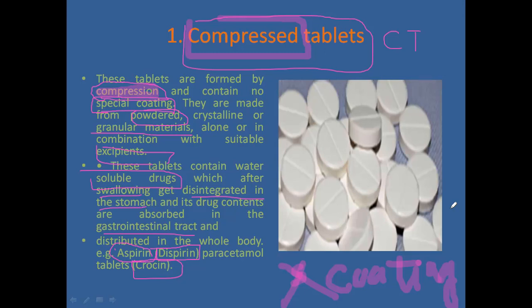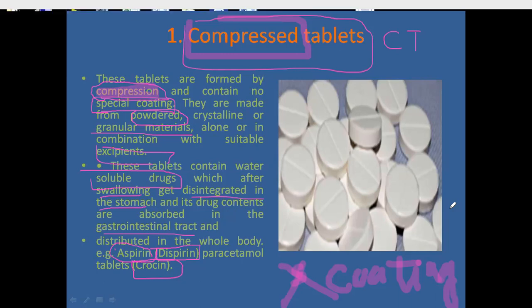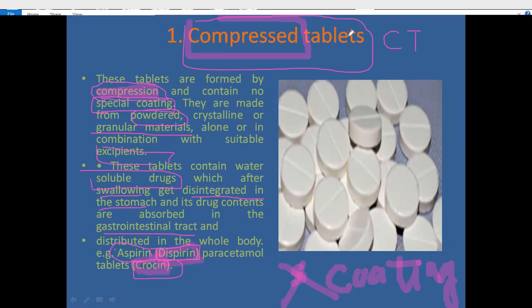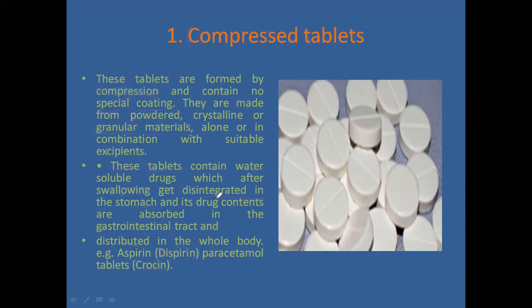Okay, and they are compressed with the help of suitable excipient, and majorly you will find that the API present will be water soluble in nature, so that when it is swallowed by the patient, the tablet gets disintegrated in the stomach, and most of the contents get absorbed from the gastrointestinal tract. And the classical examples include Disprin and Crocin. So I hope this point is clear to everyone.